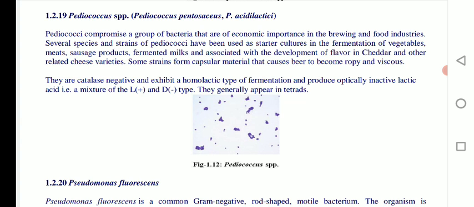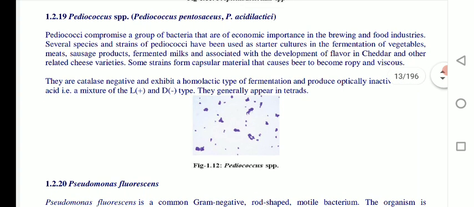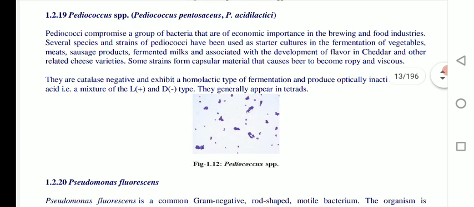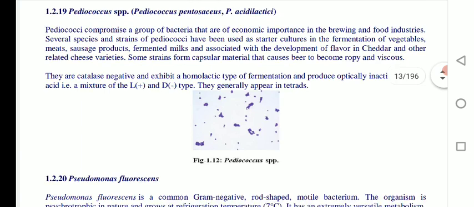Some strains form capsular material that causes beer to become ropey and viscous. They are catalase negative, exhibit homolactic fermentation and produce optically inactive lactic acid, that is, a mixture of both D and L types, and they generally appear in tetrads. So this is the overall information regarding Pediococcus.